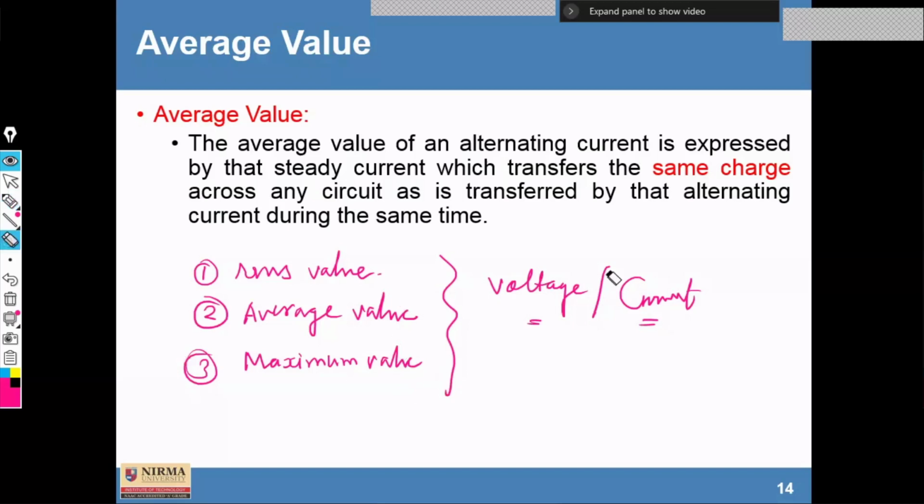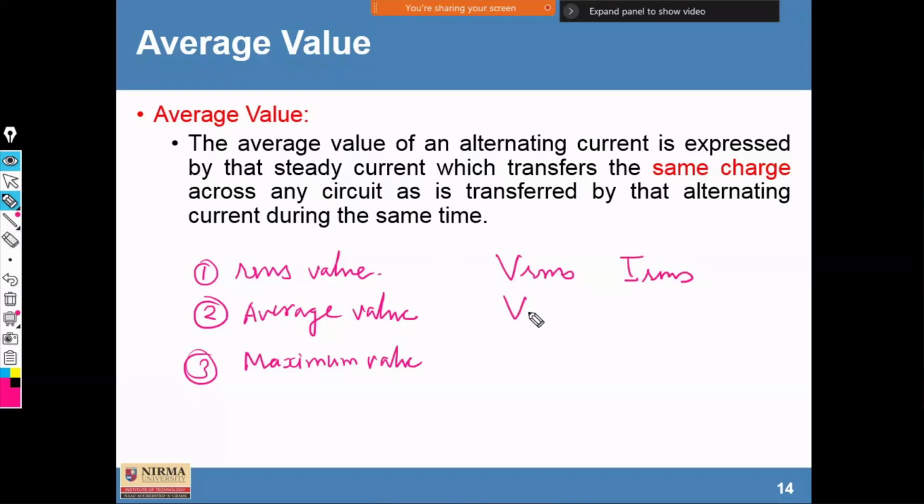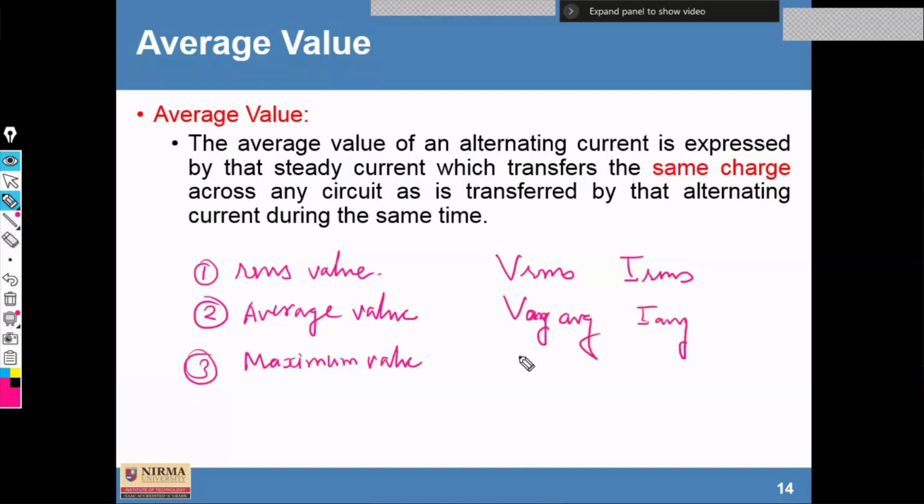And their abbreviations, different abbreviations for these different terminologies are VRMS, or we can say IRMS, VAV, or AVG sometimes, and IAVG, and I maximum, and V maximum.